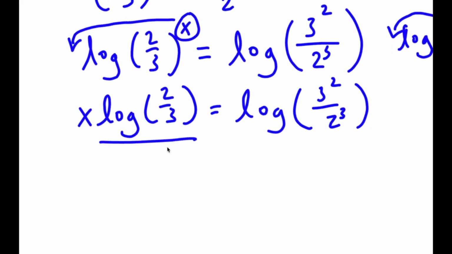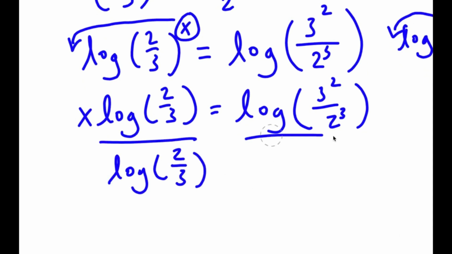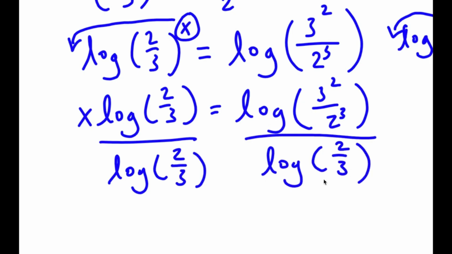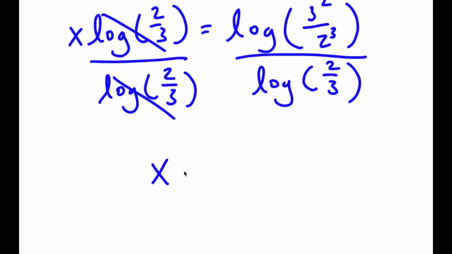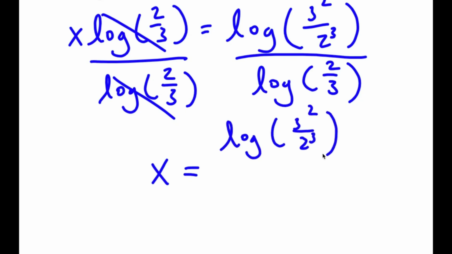Now I'm going to divide both sides by log of 2 over 3. So then these two cancel out, and I have x is equal to log of 3 squared over 2 to the power of 3 divided by log of 2 over 3.